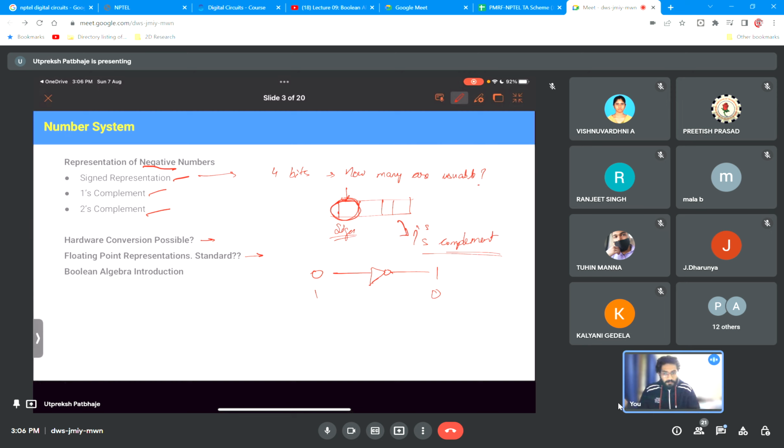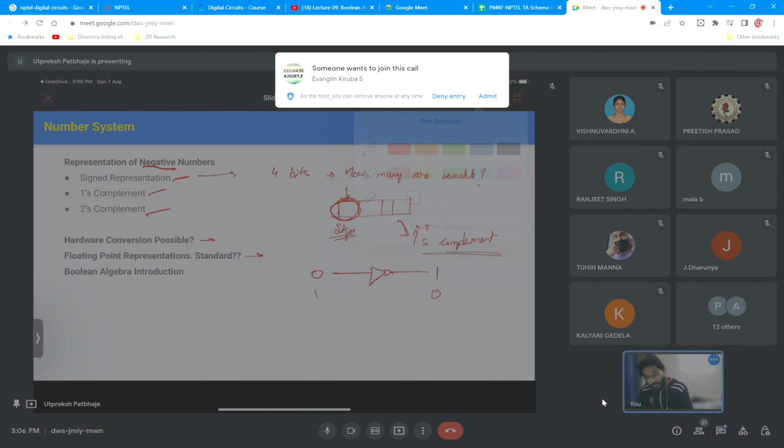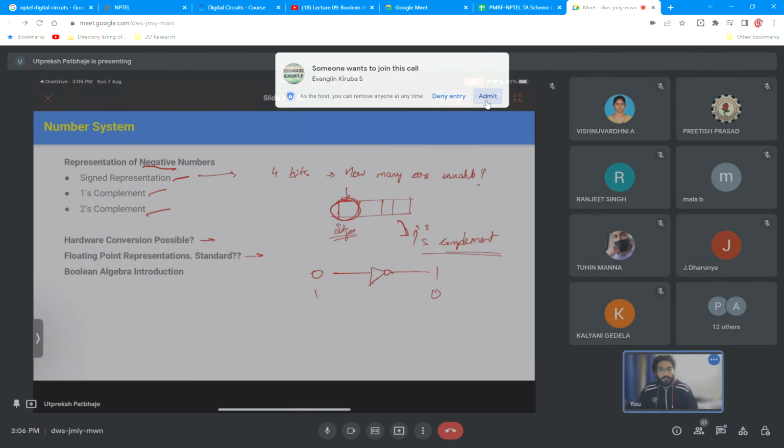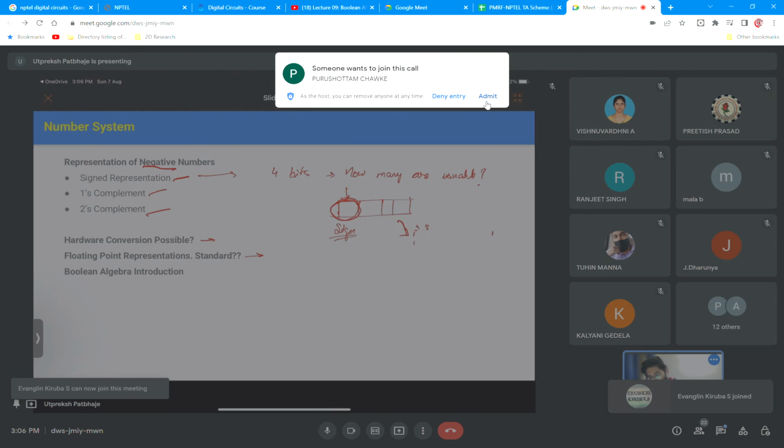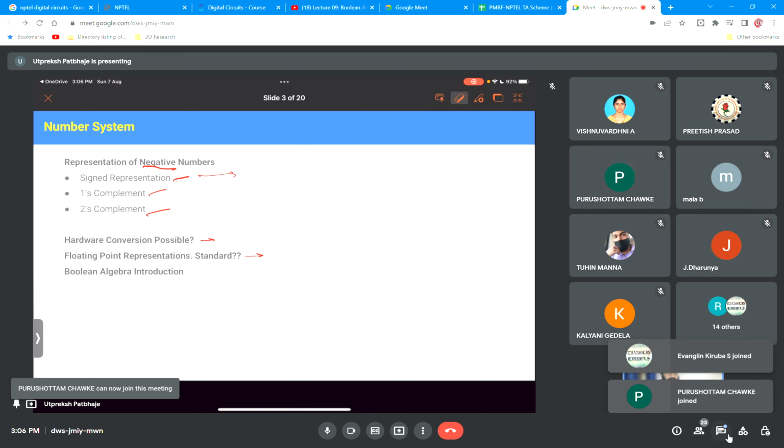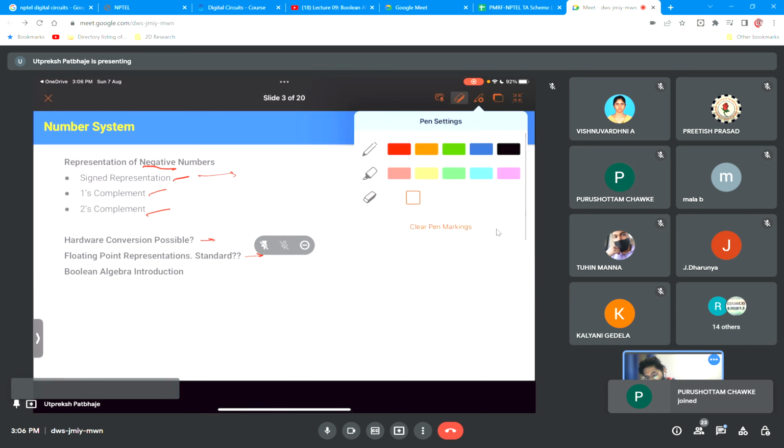Okay, before I start this session, let me just revise a bit on floating point. I'll just clear up this space. So floating point representation.